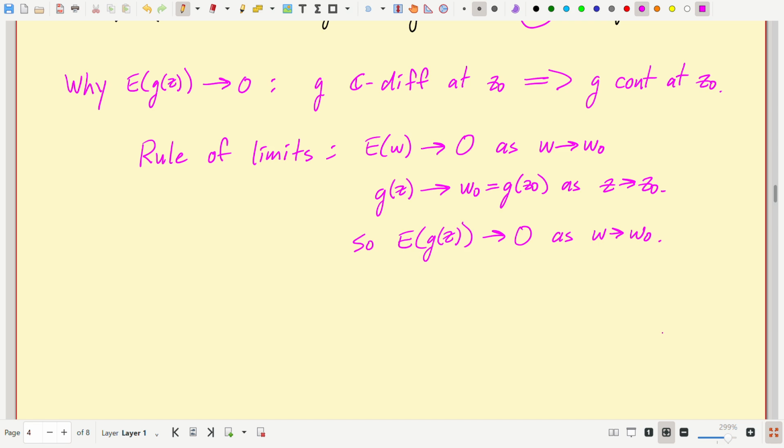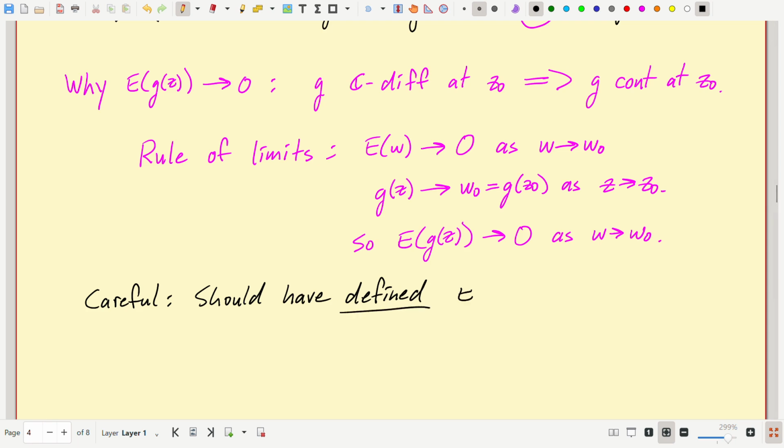So when you think about my rule of limits, I would need to be careful. I should have defined E of W naught to equal 0 to make it a continuous function.